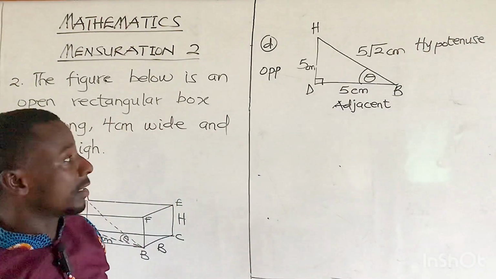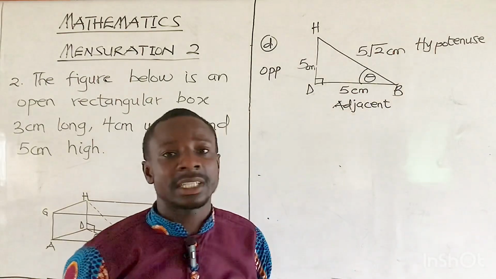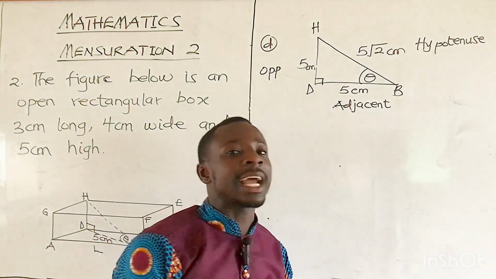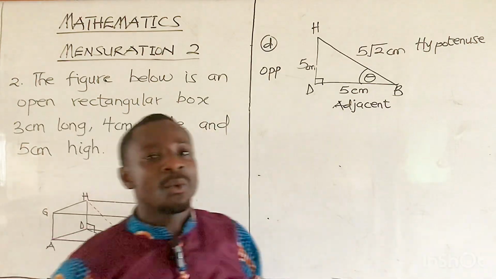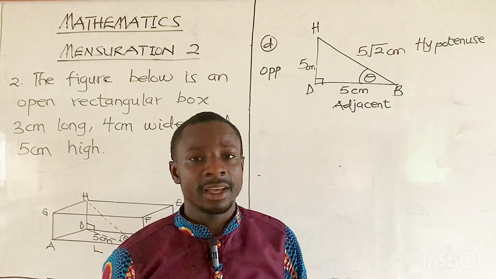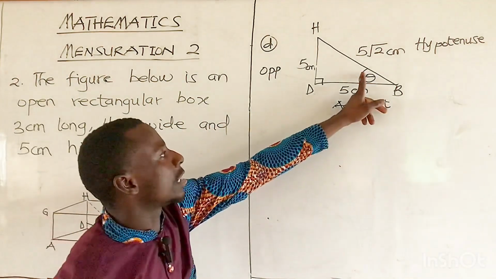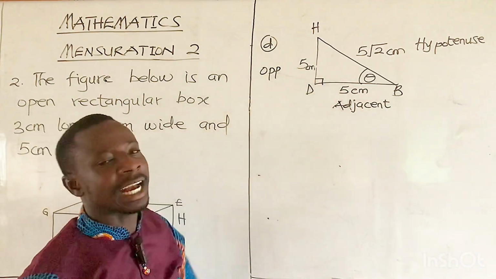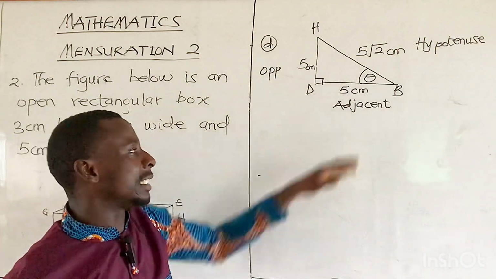Now viewers, when we have opposite, adjacent and hypotenuse, then it will take us to trigonometry. So from this question, we can use any of the trigonometric ratios. In that case, I am going to select tan because I know that this is opposite, this is adjacent, and tan takes opposite and adjacent.